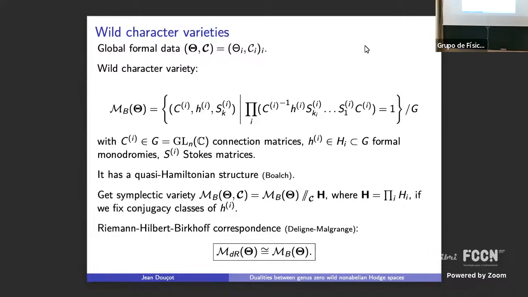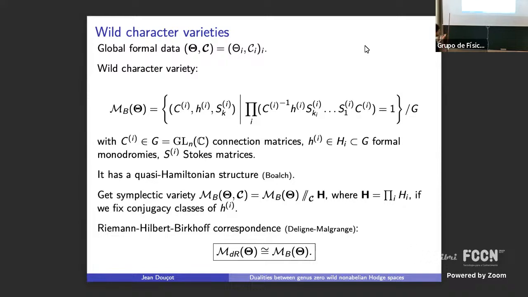And same as the usual character variety, you can fix the formal monodromies to lie into some prescribed conjugacy classes and do a Hamiltonian reduction. And you get a symplectic variety if you do this.